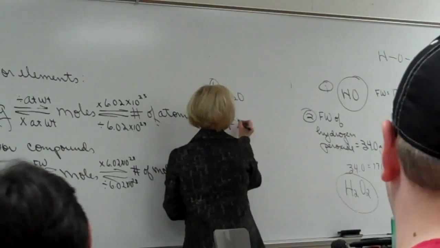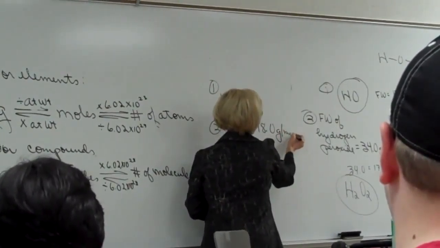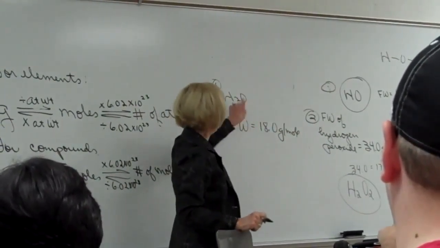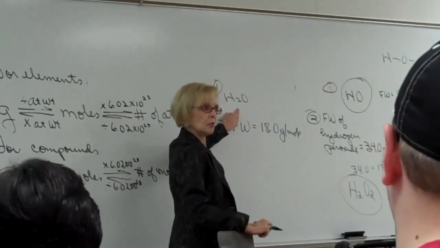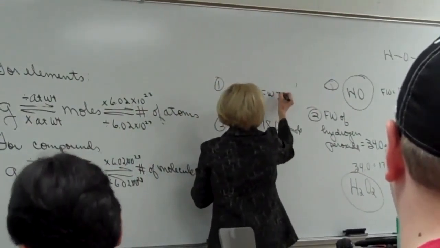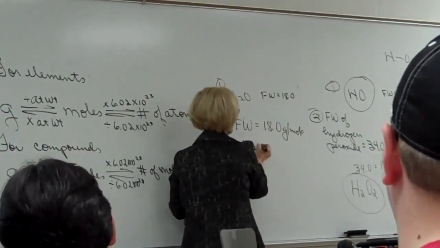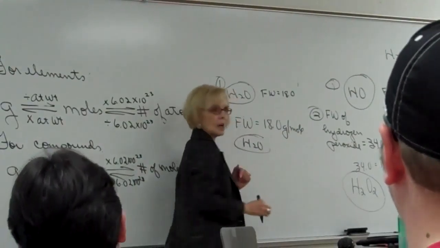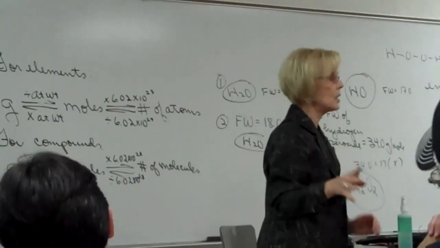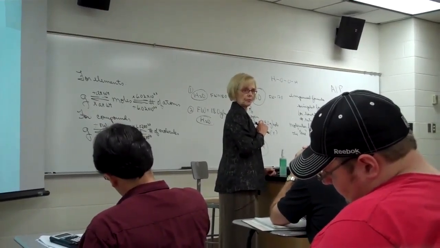Second, I find that the formula weight of water is 18 in my second independent, different type of experiment. Okay, is this the true molecular formula? Yeah, because if you add this up, it is 18. And so, in this case, the true and the empirical are one and the same. Sometimes they are, and sometimes they're not.